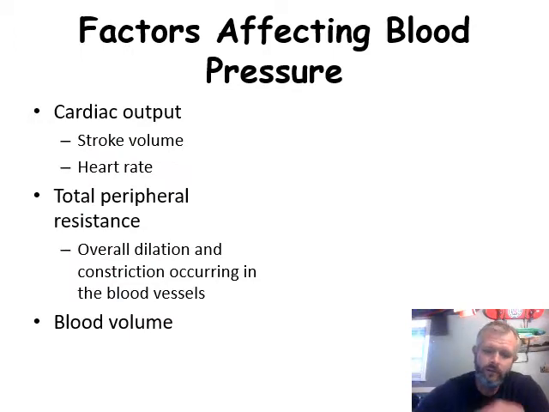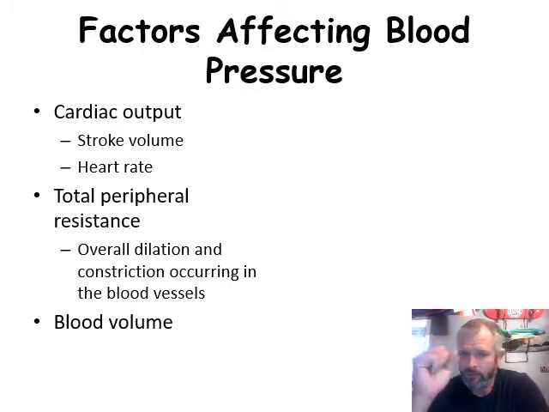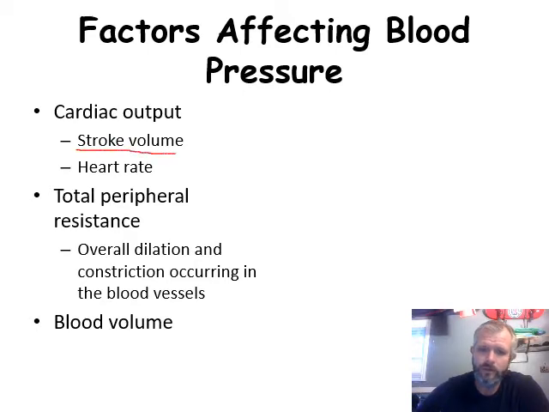So we now have looked at one full cardiac cycle, how the blood moves through the heart, and we've seen the left ventricle pushes the blood out, and that equals our stroke volume. Now we'll see that stroke volume is a factor in what we call cardiac output.